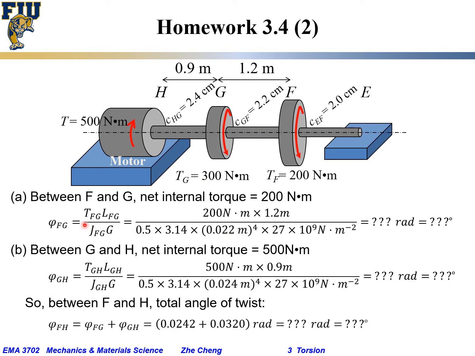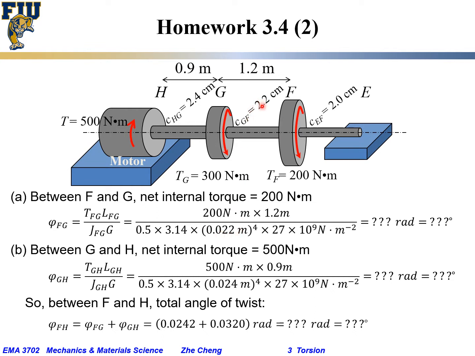So let's plug in the numbers. T FG, we said internal torque is 200 Newton meter. L, as given from F to G, is 1.2 meter. J, moment of inertia for the cross section, is half pi radius to the power of 4. And what's the radius?